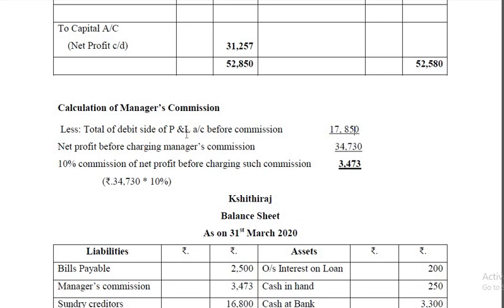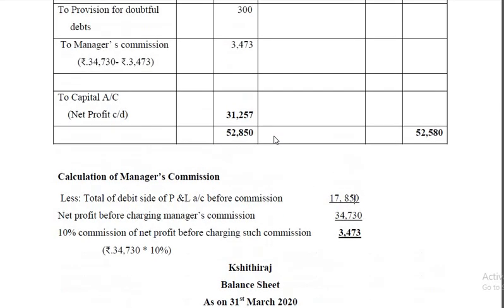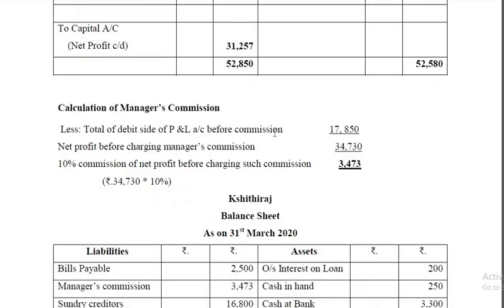So total of debit side of profit and loss account before charge. I'm sorry, this is not the total of debit side of profit and loss account. It is the total balance of profit and loss account before charging such commission, 17,850. Subject to correction here, I have committed a mistake.